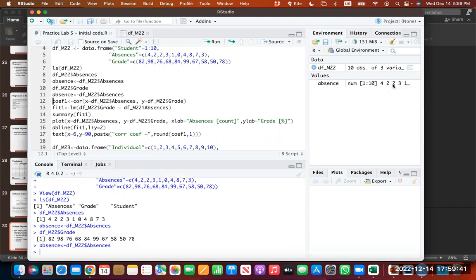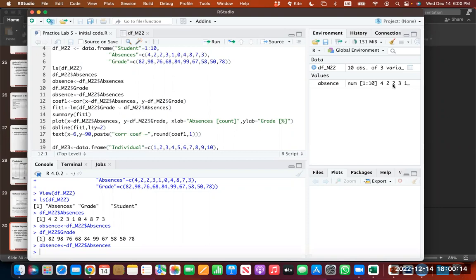Now first, we want to understand, do these two variables correlate? There's the core function, cor. The way it's shown, I pack everything into a separate object, and you do this with this sign, which is a smaller sign hyphen. That basically will pack whatever you tell it afterwards into this object.